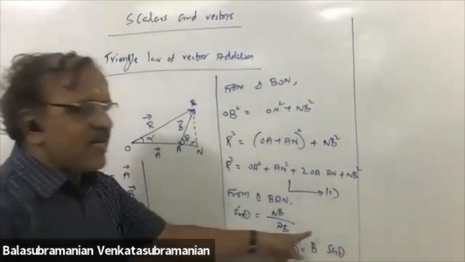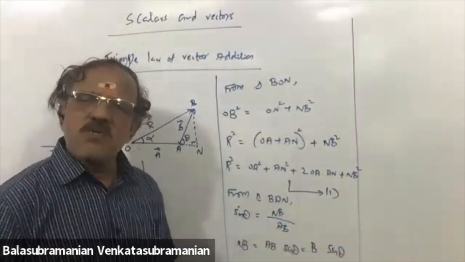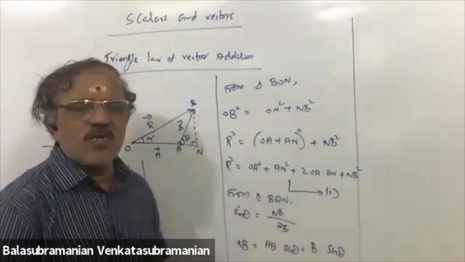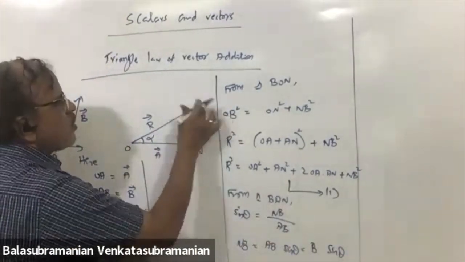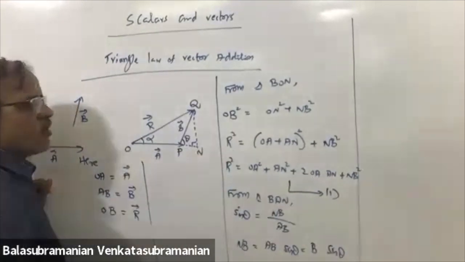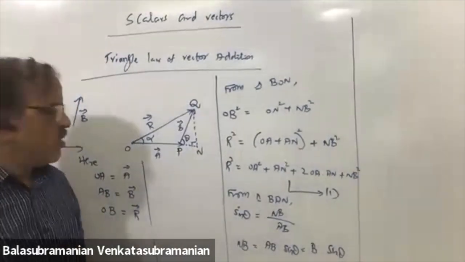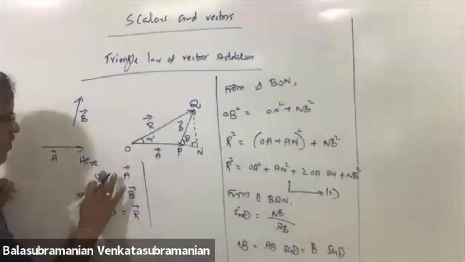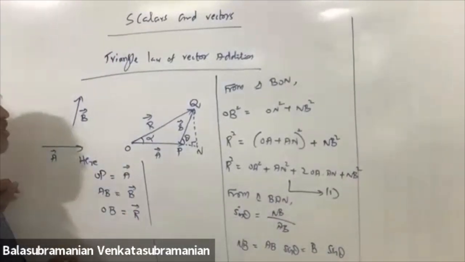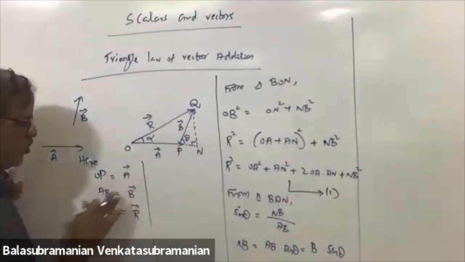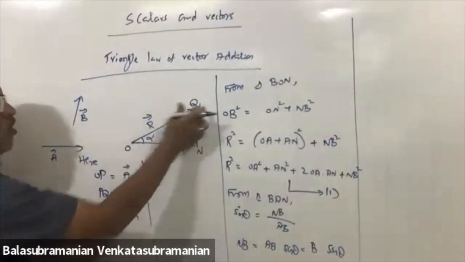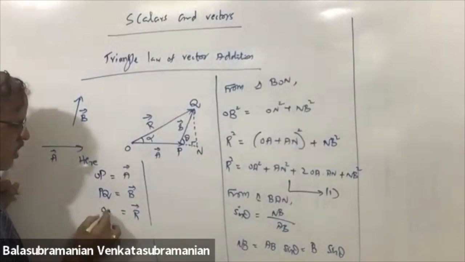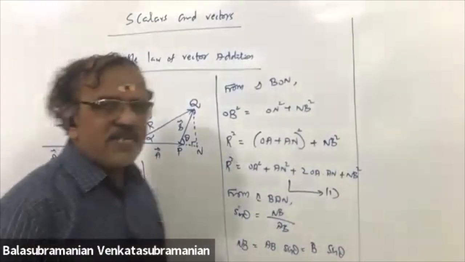Sir, this B and that B is confusing, sir. You can use any name, no issue. O, P, Q, N, no problem. OP, A vector, PQ, B vector, OQ, R vector. Representation only.